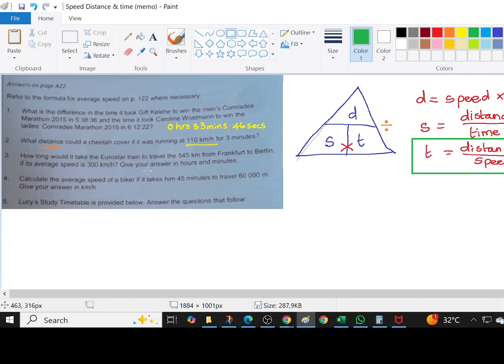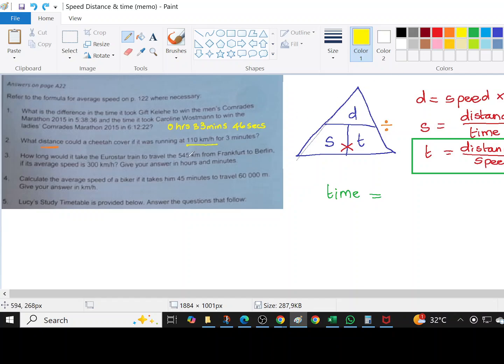Okay, let's do the first part first. We see this is the formula we must use. So we're going to say time in hours. Oh wait, they're saying they want it in hours and minutes. So leave it for now. Time is equal to distance. We can see the formula there, so I don't have to write it again. So what is the distance?